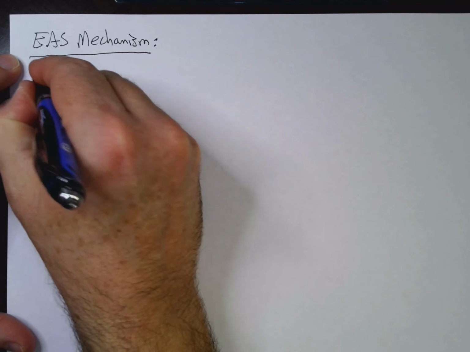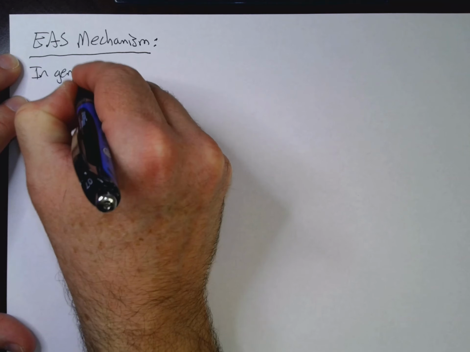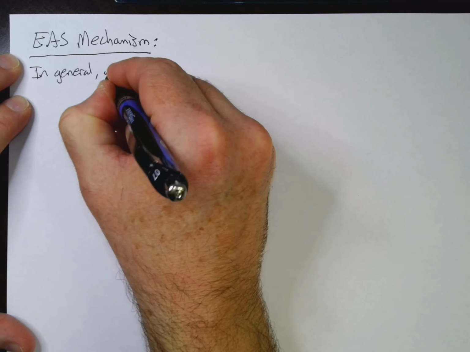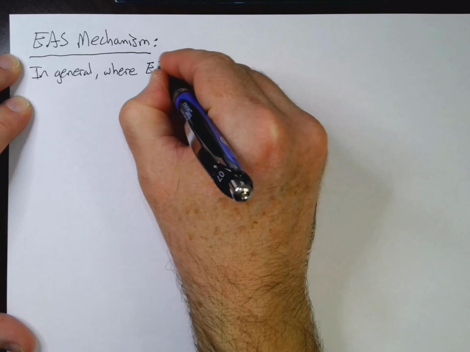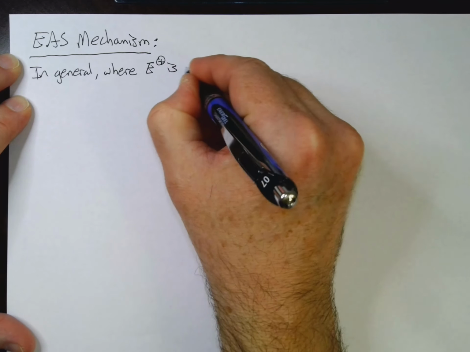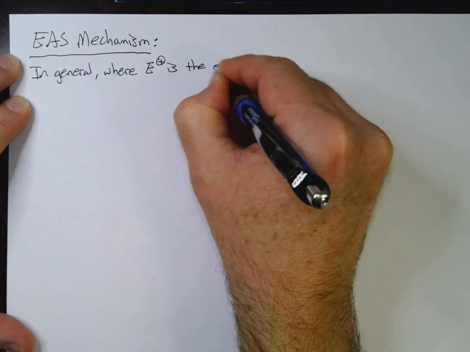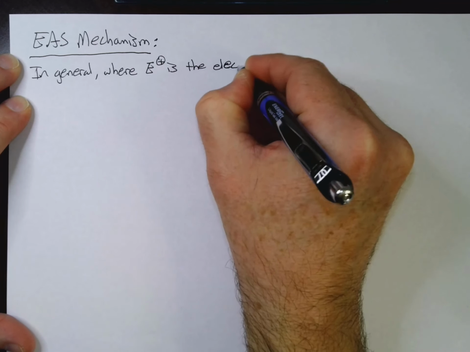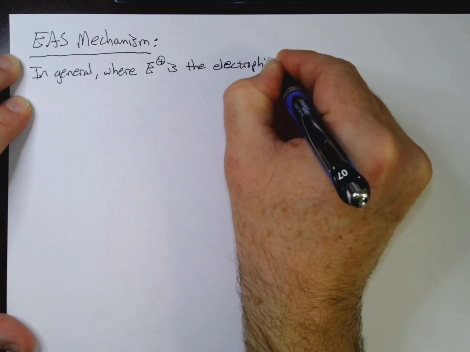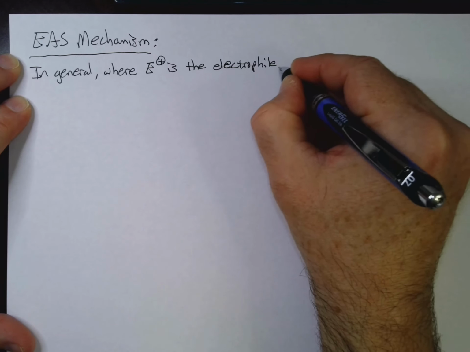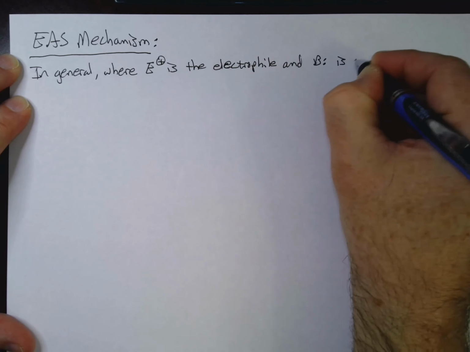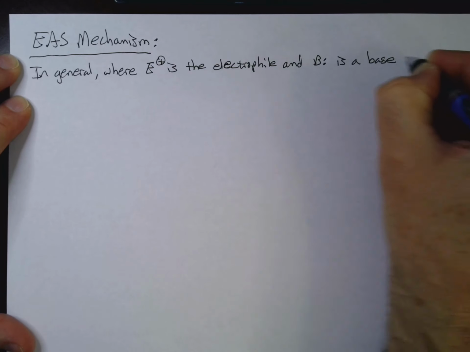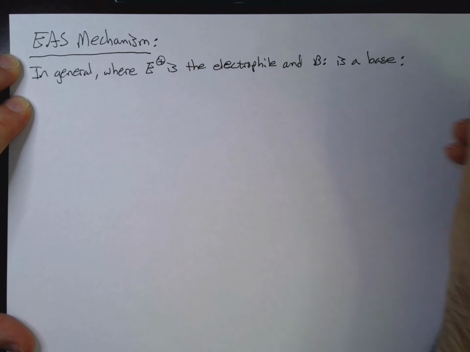So in general, where E plus is the electrophile and B is a base, we get the following.